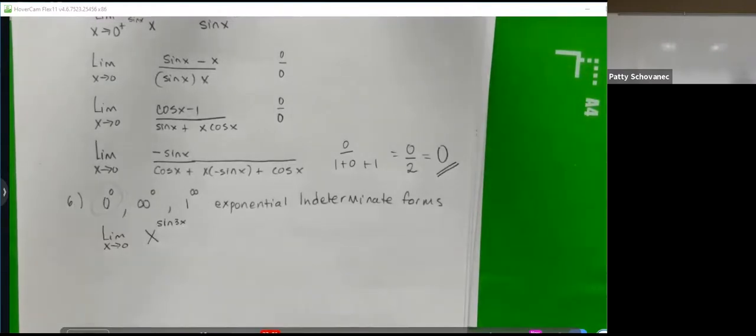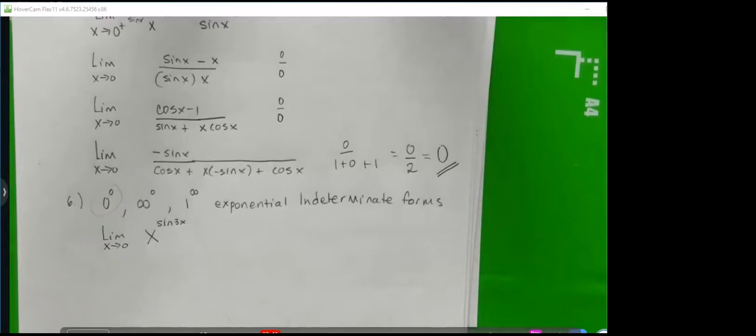This has that first indeterminate form. How do we get it out of there? How do we get that exponent down? What's our tool for bringing an exponent down? Take the natural log. That's right.